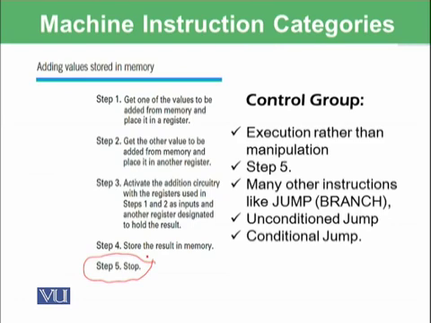It tells you to stop, and sometimes it tells some other program to start. Such instructions are covered under the control group. And then there are other instructions like jump or branch, unconditional jump, and conditional jump. Such instructions are known as control instructions. We will see an example of jump in the next slide.